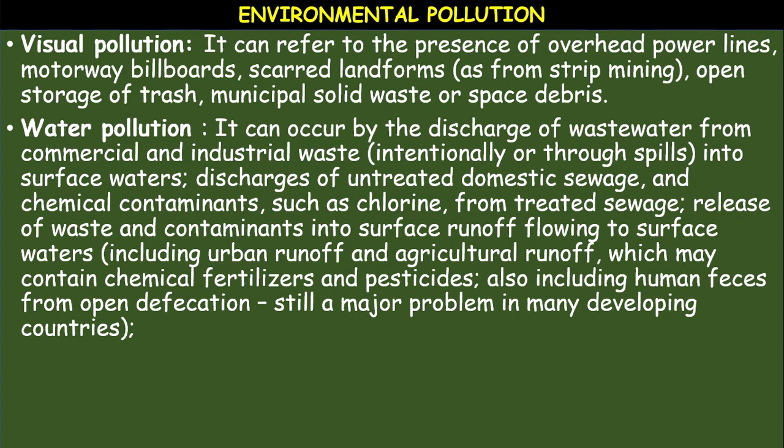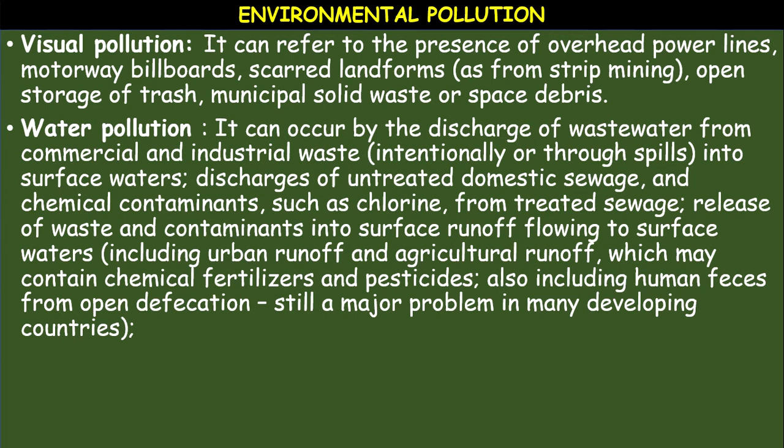These include urban runoff and agricultural runoff, which may contain chemical fertilizers and pesticides, and also include human feces from open defecation, still a major problem in many developing countries. It's a major problem, water pollution.